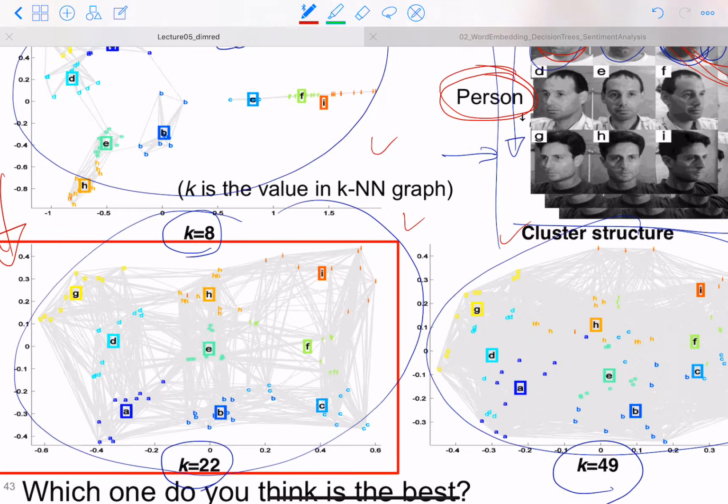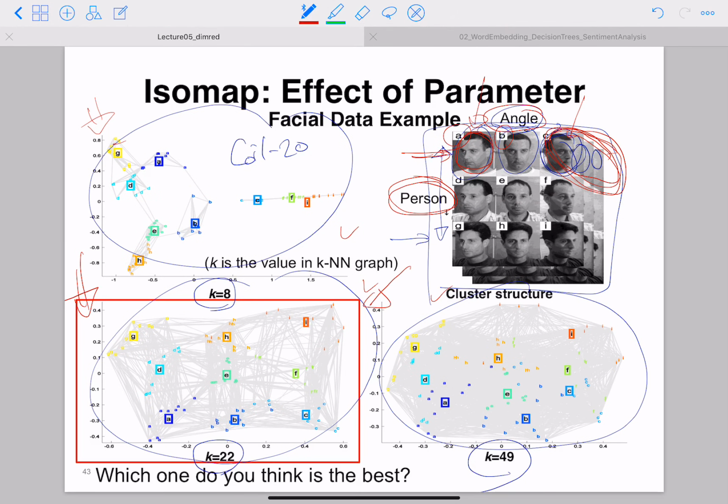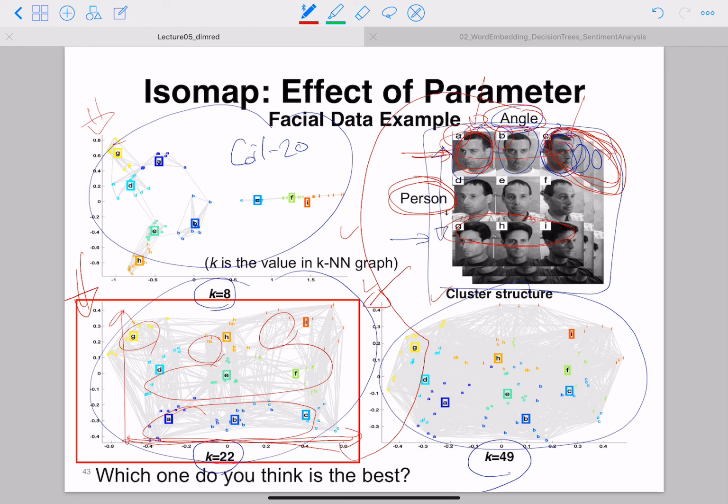Here we have the x-axis and the y-axis. The x-axis goes like GHI, which is found over here, then DEF and ABC. So in this figure, the x-axis is successfully mapping this angle attribute.